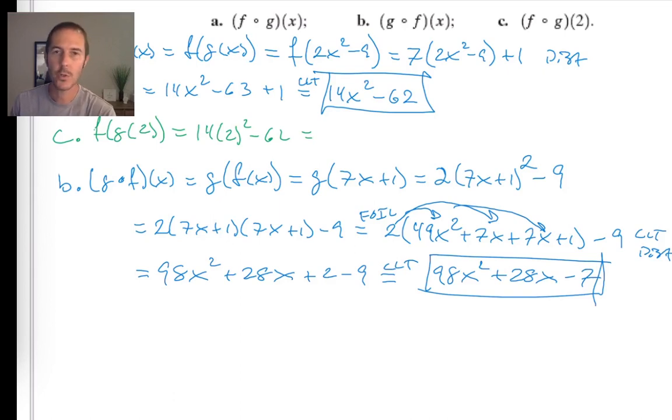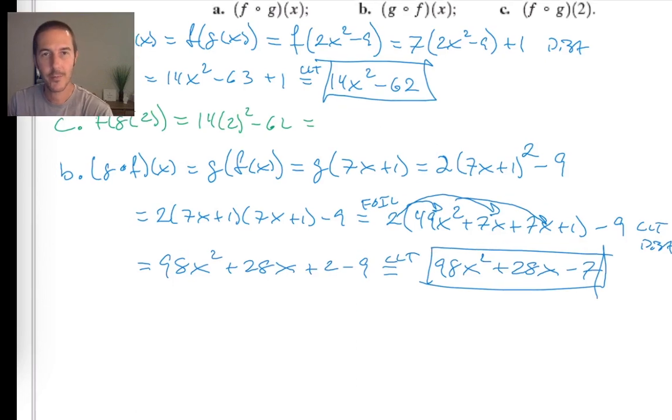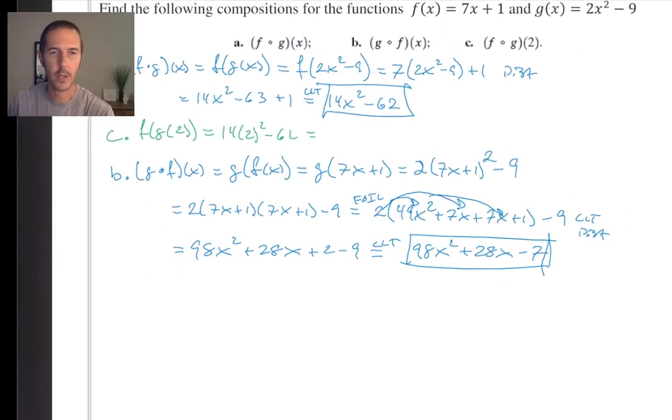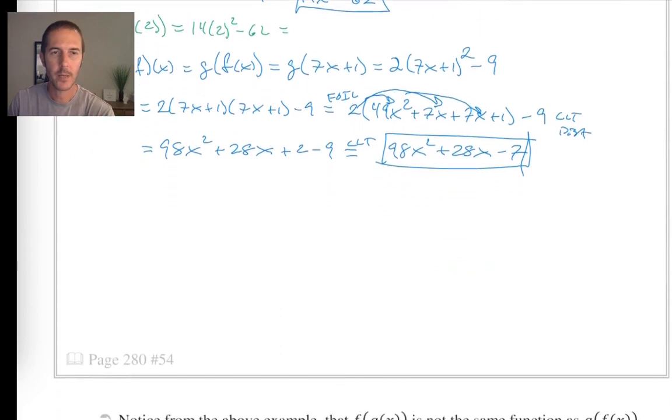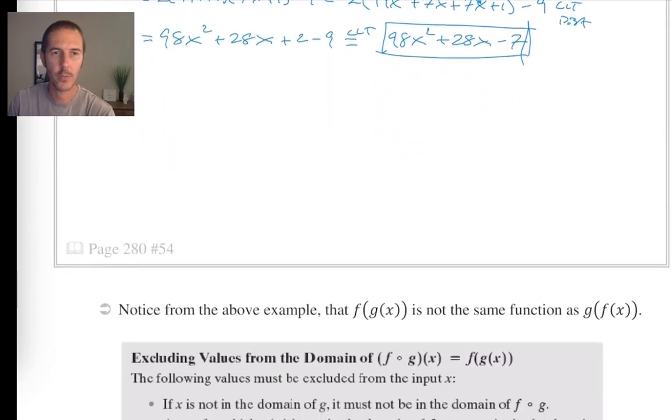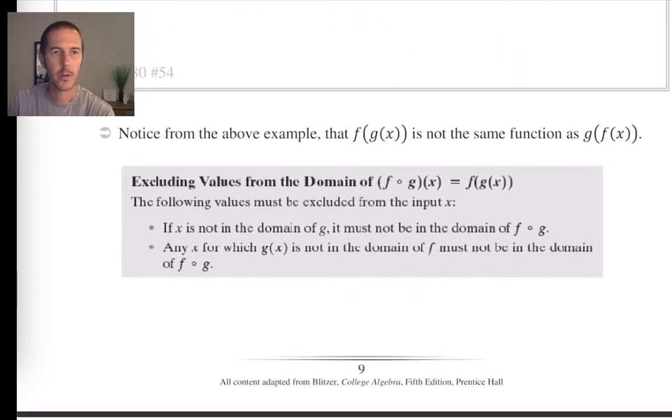And that happens when your two functions are inverse functions, like squaring and square rooting. They kind of cancel each other out, leaving you just with your input value. This author highlighted that fact for us here, that f of g of x is not the same thing as g of f of x. Excuse me, sometimes it is, but usually it's not.